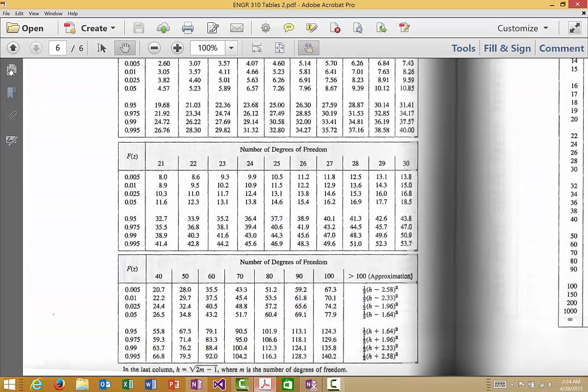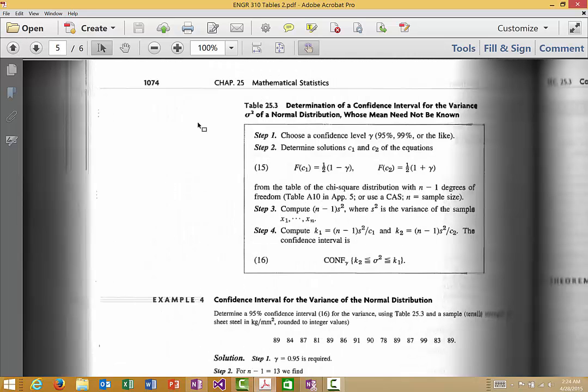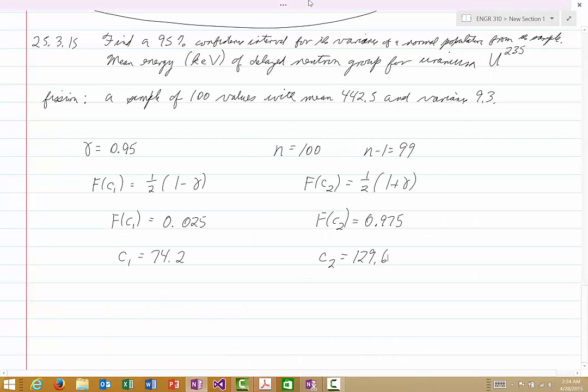So now going back to table 25.3, okay, we have found C1 and C2, so we have completed step 2. And now step 3 says to compute n minus 1 times s squared, where s squared is the variance of the sample. Okay, well, let's do that.